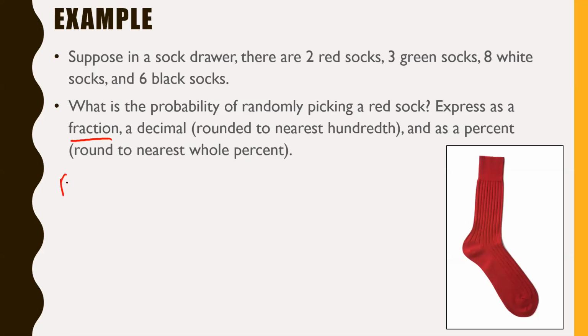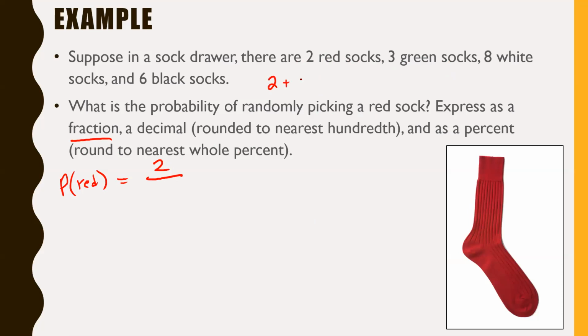So we're going to say the probability of, I could call it A, but you know what, instead I'll call it P red. See, like it's really flexible here. You can be as flexible as you wish with this. So I'll say P red equals the number of occurrences of red sock. Well, if you look at the number of occurrences of red sock, there are 2 red socks in this drawer. So we'll say 2 over the total possible number, right? Well, the total possible number is going to be all these socks combined because they're all in that one sock drawer.